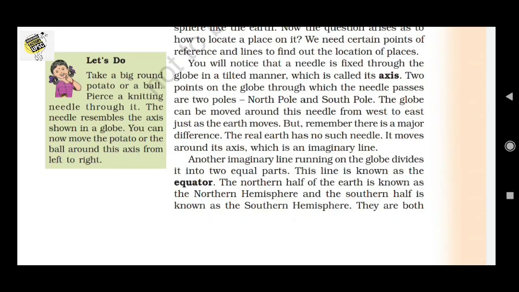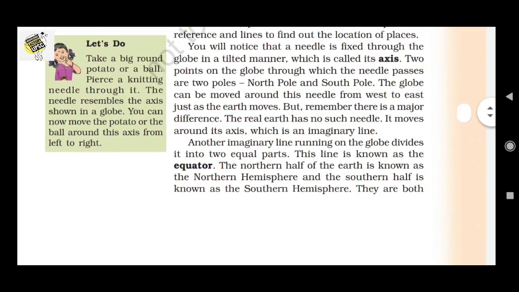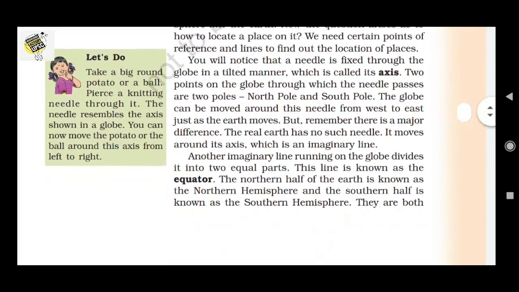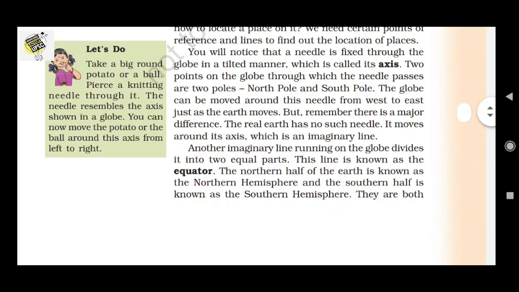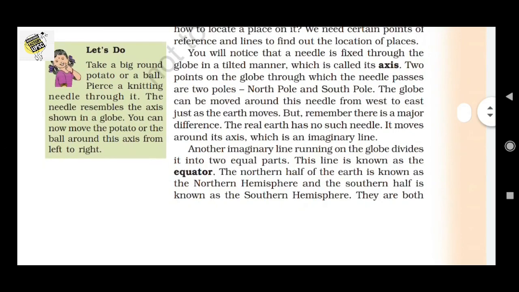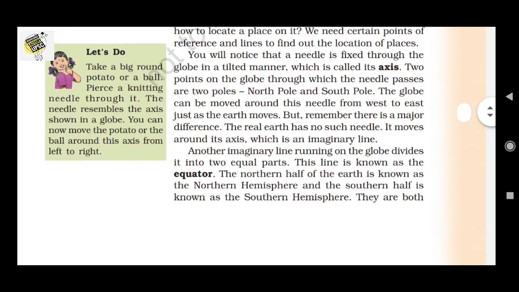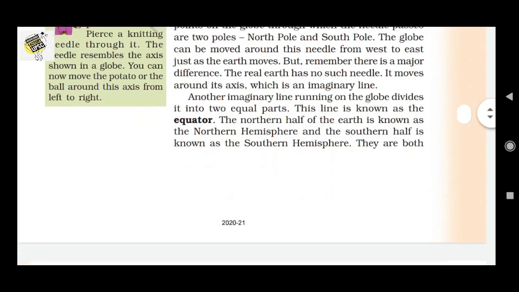Latitudes are measured in degrees. Equator represents 0 degree latitude. The distance from the equator to either of the poles is 1/4 of the circle around the earth. It is measured as 1/4 of 360 degrees, that is 90 degrees north latitude and 90 degrees south latitude.